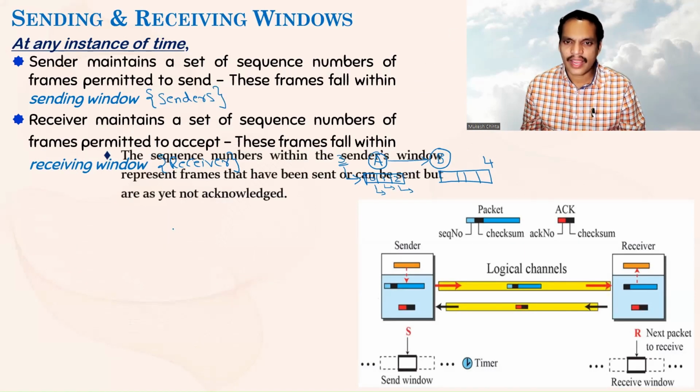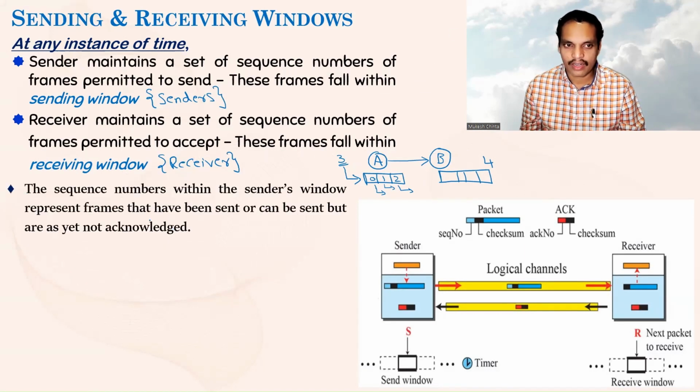Okay. Now we'll take another example. I'll tell you in more detail. The sequence numbers within the sender's window represent frames that have been sent or can be sent, but are not yet acknowledged, which means the sender has sent these frames, but the receiver did not send an acknowledgement back.